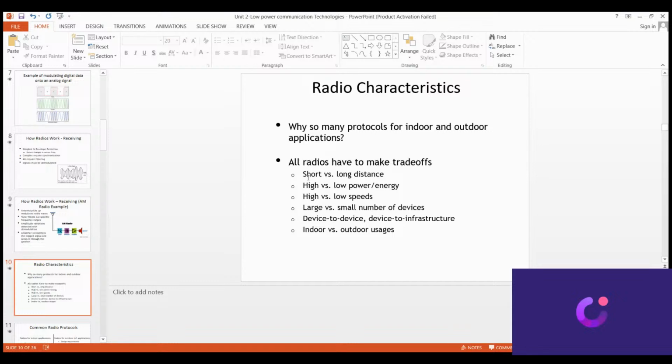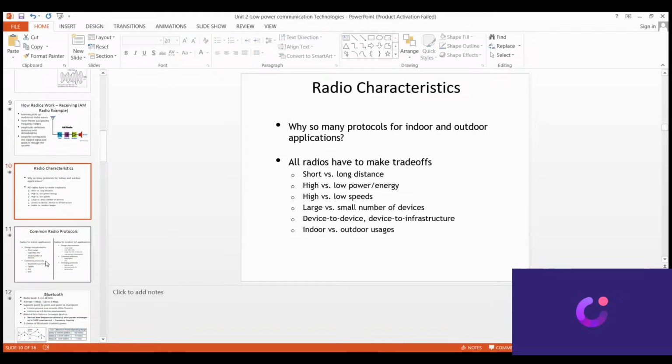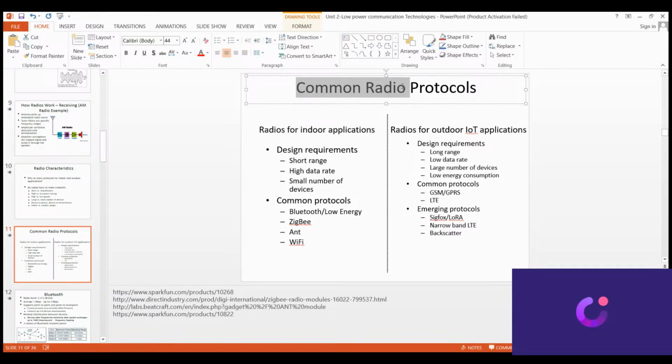These circumstances can be when transmitting over short compared to long distances, high compared to low power energy, high versus low speed, large versus small number of devices, device to device or device to infrastructure, or indoor versus outdoor. And these are the common radio protocols that we have.